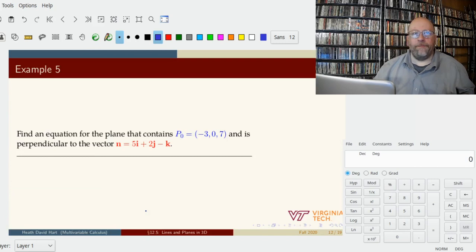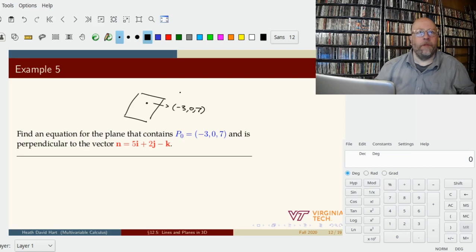Let's try an example. Let's find an equation for the plane that contains the point negative 3, 0, 7 and is perpendicular to the vector 5, 2, and negative 1. Okay?